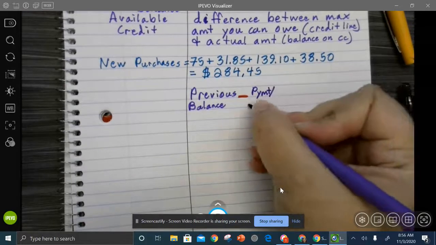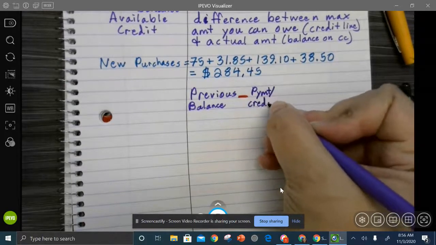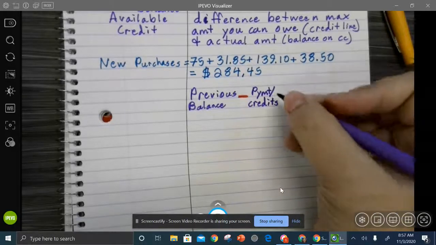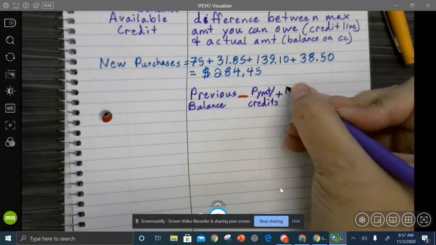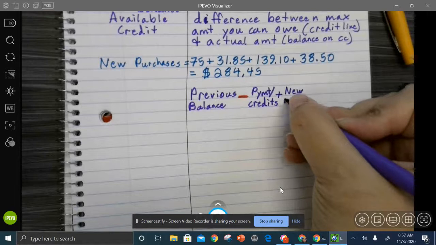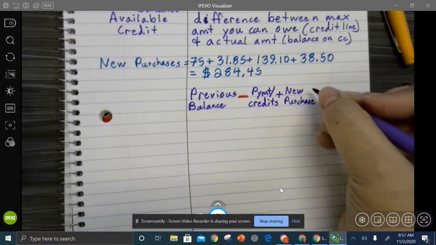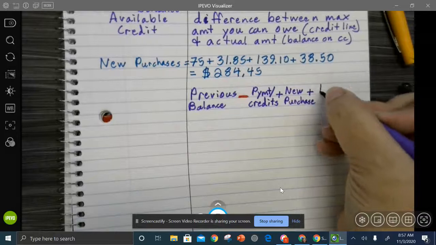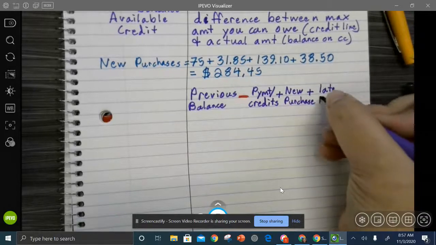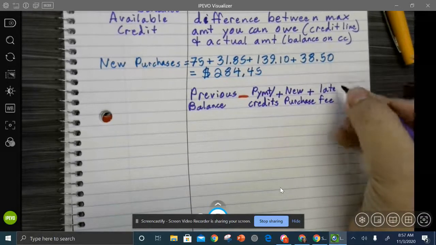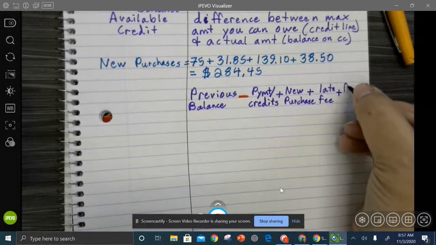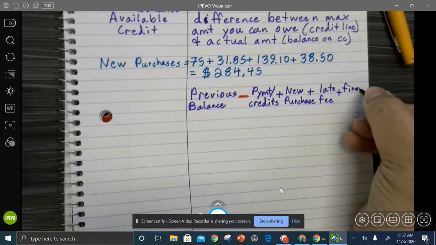So that would include, everybody, if you do a return, so credits, plus new purchases, plus if you have any late fees, and plus the finance charge.